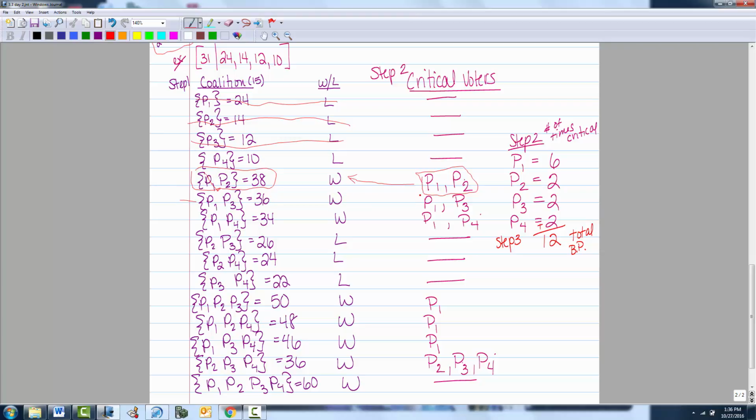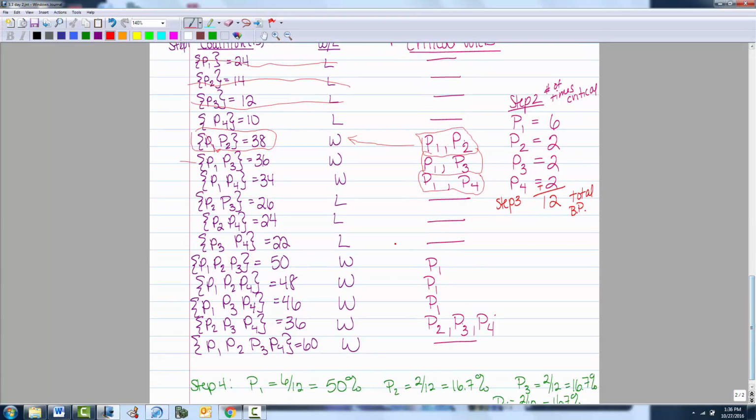So they get a Banzhaf power point. Same thing with this. And these are losers, so I don't care about these. You remove them, they're still a loser. But in these last three, in this one, only P1 matters.